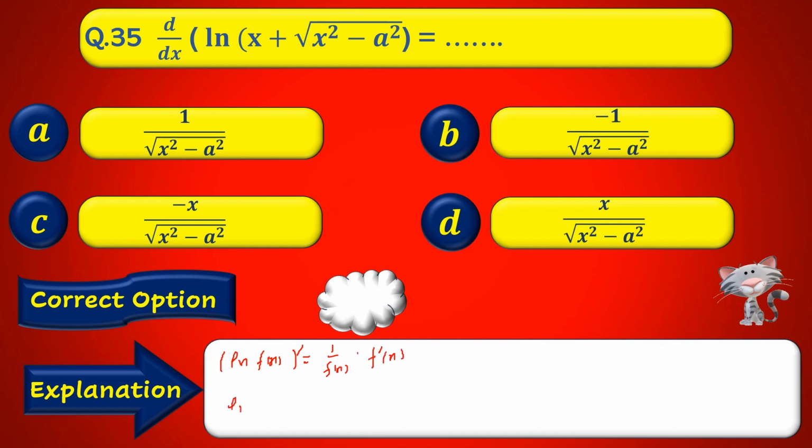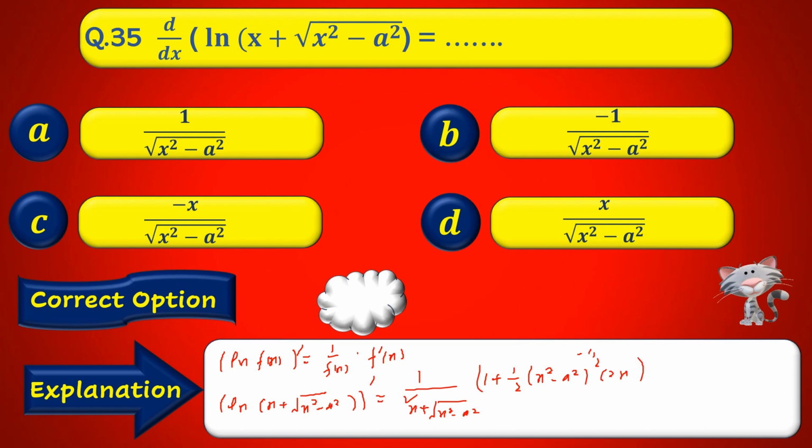So the derivative of log of (x plus square root of x² minus a²) will be equal to 1 over f(x), that is x plus square root of x² minus a², into the derivative of this function, which will be 1 plus 1/2 (x² minus a²)^(−1/2) into 2x.